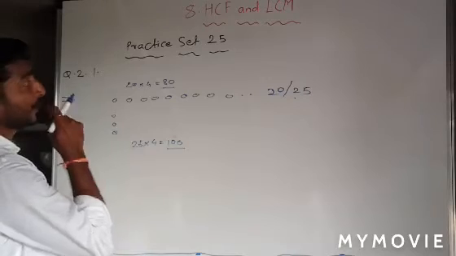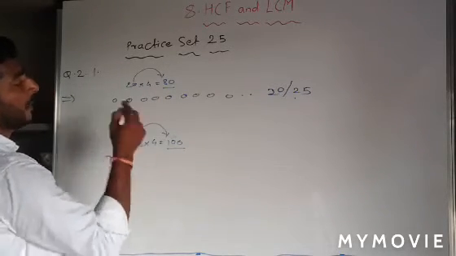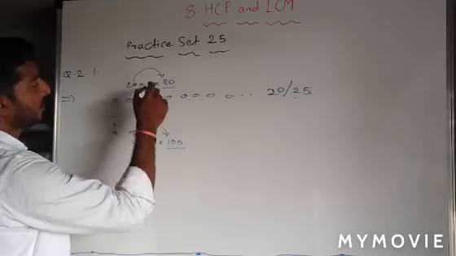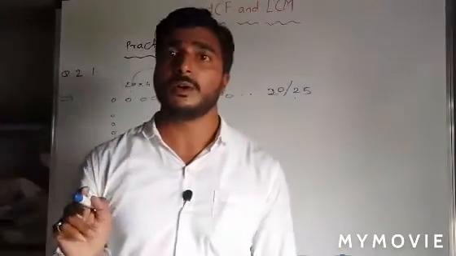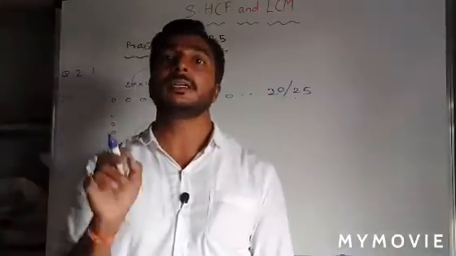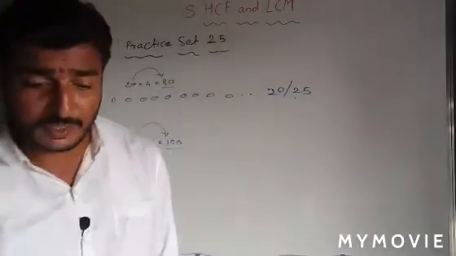So for this purpose what we have to do, we have to find the multiples of 20 and multiples of 25. And when we get the multiples of 20 and 25, there will be one common multiple, the least common multiple of 20 and 25. That will be the minimum possible number of students in the school. That means what we have to find?